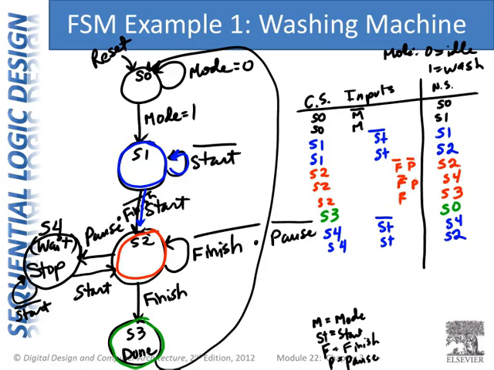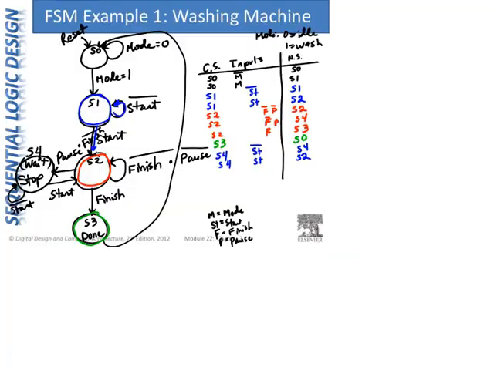And now we need to encode our states. So here we have 5 states. So the minimum number of bits we can use to encode 5 states is, well, I can't use 2 anymore because that would only encode for 4 unique states. So I have to use 3 bits. So let's go ahead and write our state encoding. So we have, again, 5 states, S0, S1, S2, S3, and S4. And we have to use now 3 state bits.